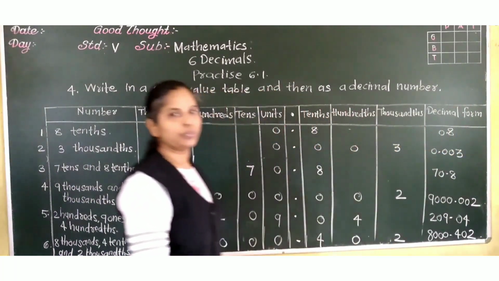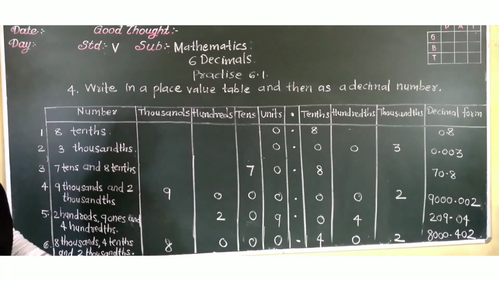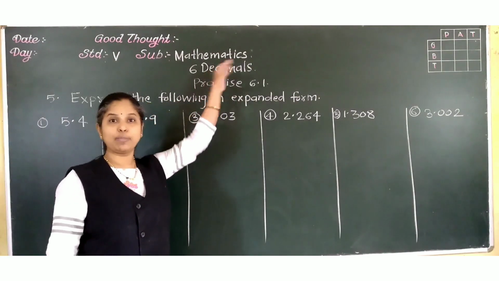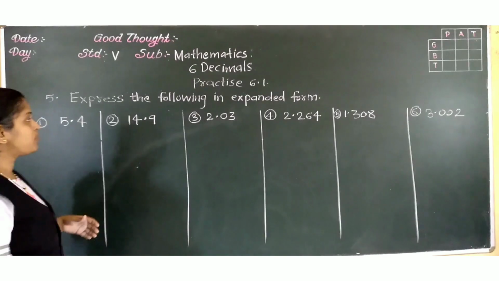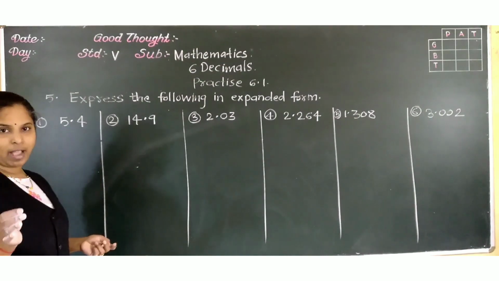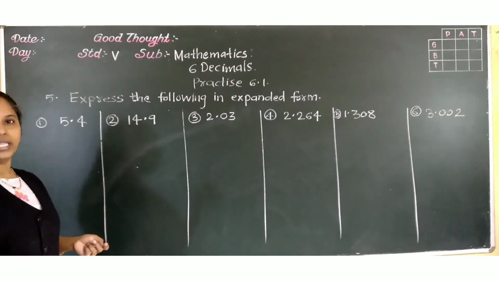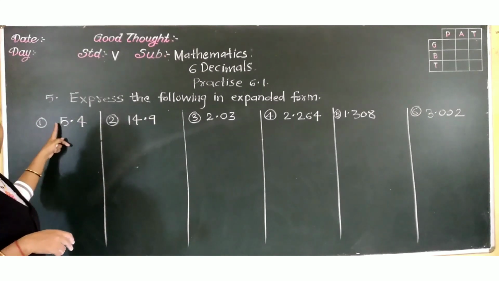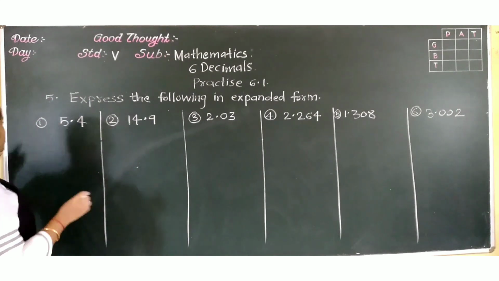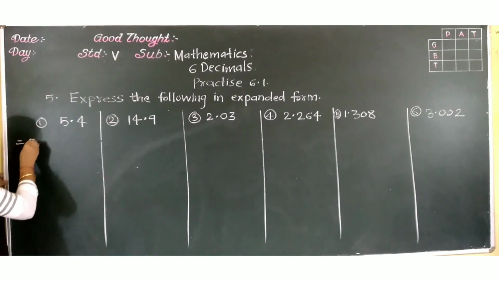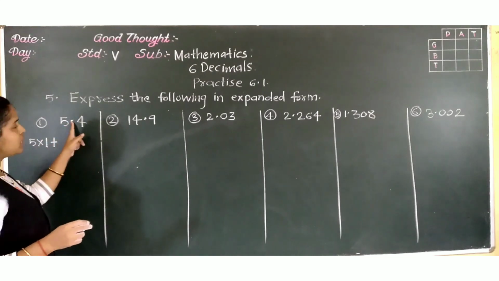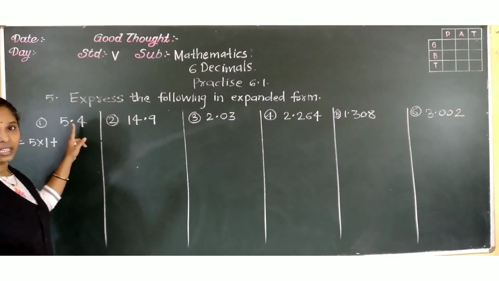Okay, in this way we have question number 5. Express the following in expanded form. Expanded form means we have to write the place values with addition signs. Now, 5 is there at which place? Ones, or units. So 5 into 1, plus 4 is there at, see, after the decimal the first place is the tenths place.